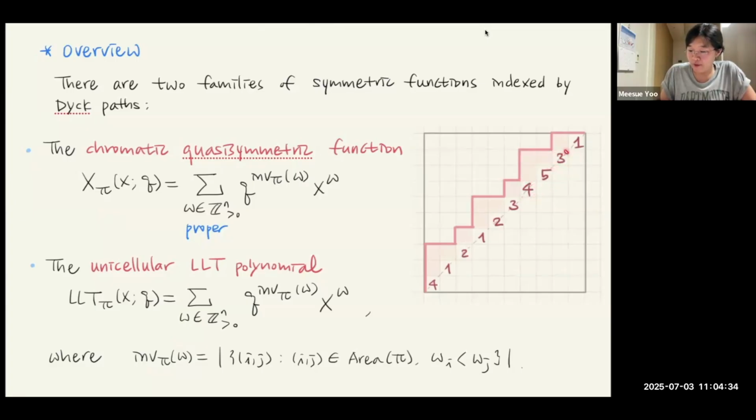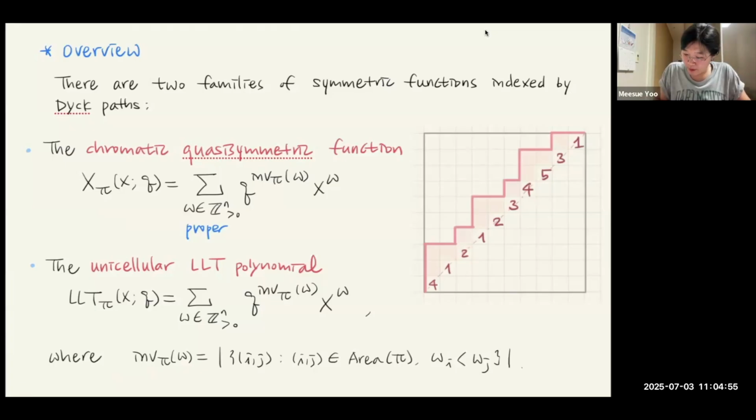And whenever you have a larger number in the row than the value in the column, you count that as an inversion statistic. So for example, in this example, you compare for the cells between the Dyck path and the diagonal, the values in the row and the column.